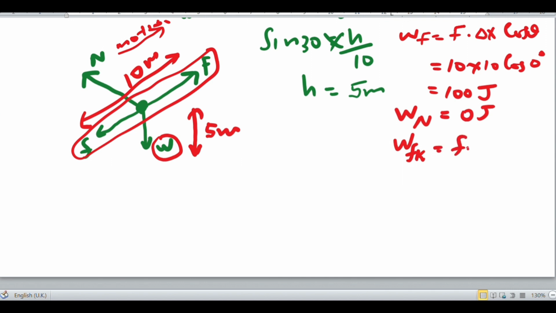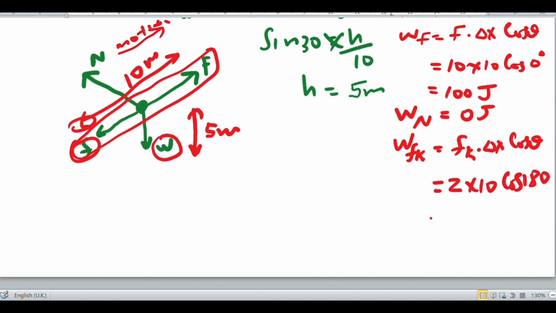Then we have work done by frictional force. It will be frictional force times delta x cos theta. The frictional force is parallel to the displacement, which is 10. So the frictional force was 2 times displacement 10. The angle is always 180 for the frictional force, so the answer is negative 20 joules. Then we calculate work done by weight.